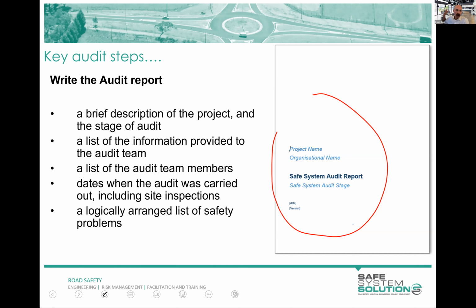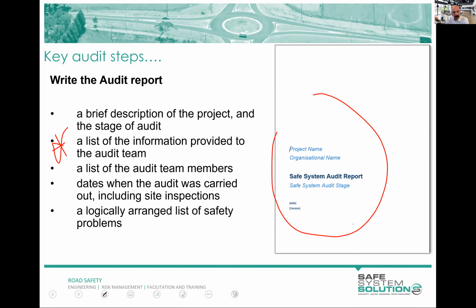So, you know, there's a description of the project. You list the information provided. That's an important one. People sometimes miss that. And why is that important? Well, when you're sitting in the coroner's court being grilled about an incident on a road that you have been the lead auditor for, it's very helpful to be able to point out that what was built was revision 10 of the design, and you did the audit on revision 1, as it says in the report, and here is revision 1.